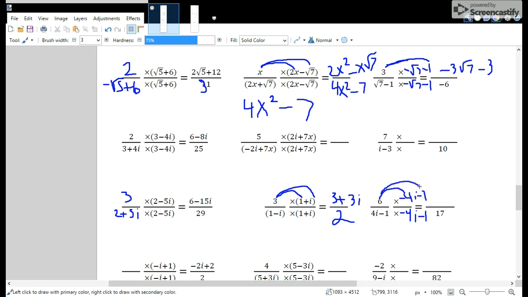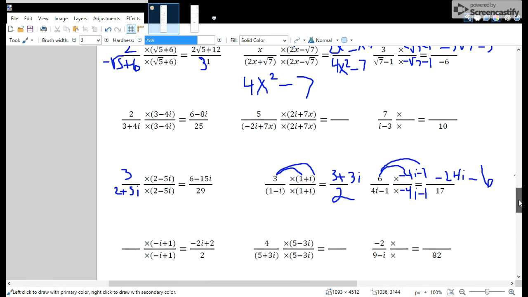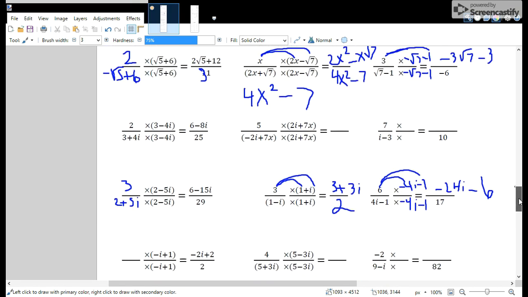Distribute, multiply each term by 6 to get negative 24i minus 6. Do the rest of these on this page on your own or in your groups.